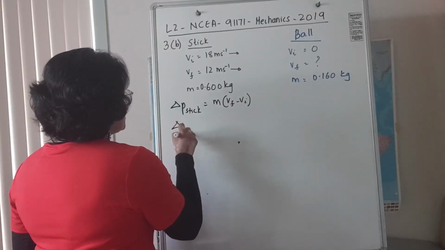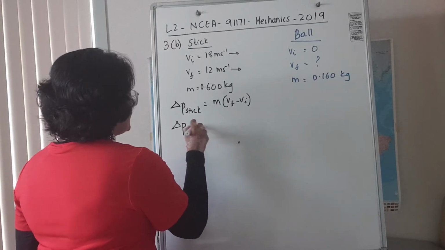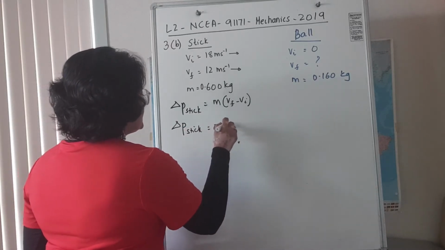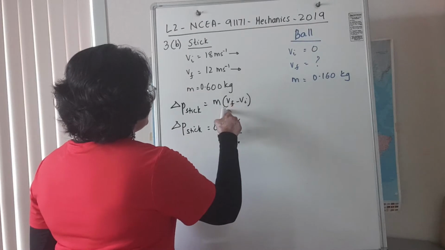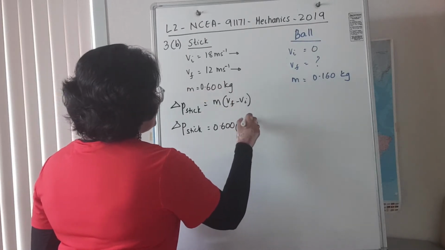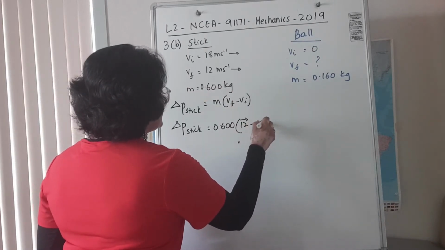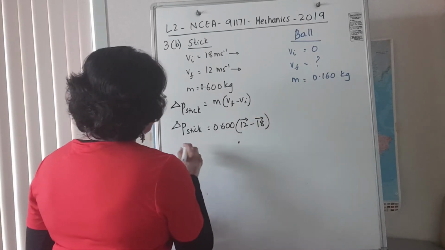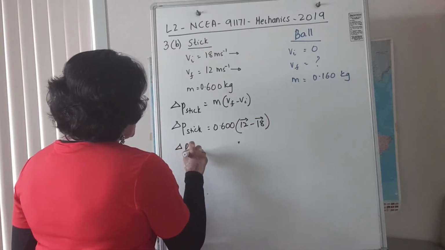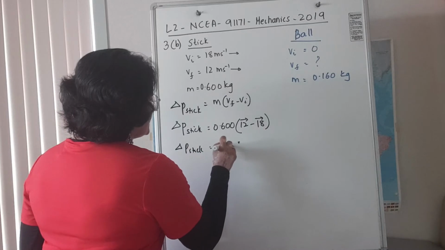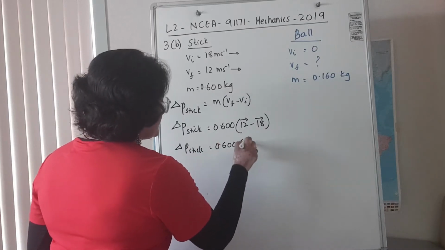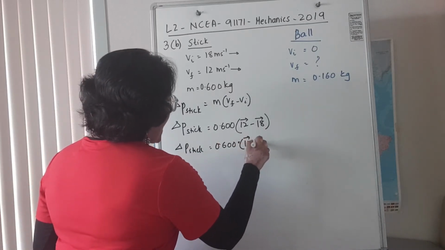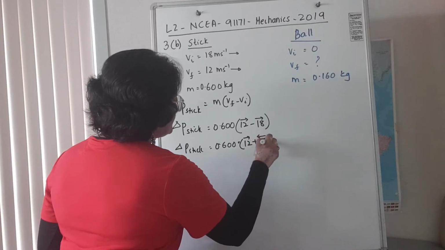The mass is 0.600. The final velocity is 12 in this direction minus 18 in the same direction. When you subtract vectors, you always add the opposite.